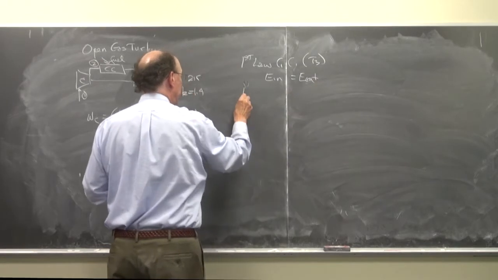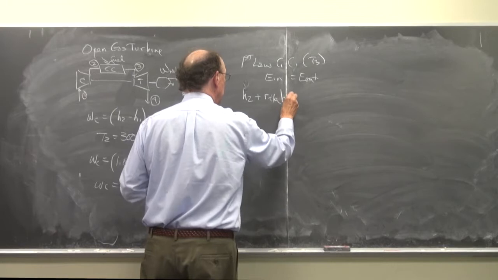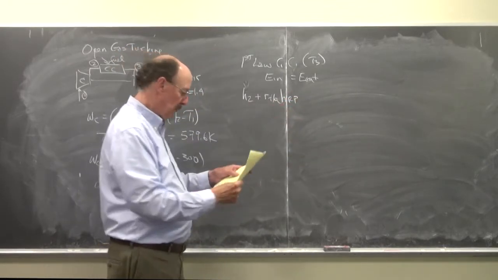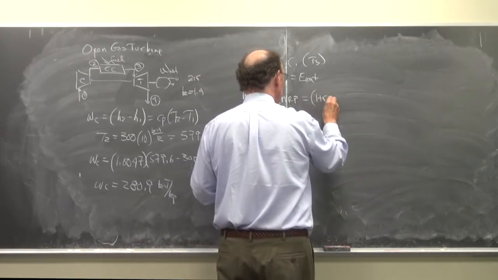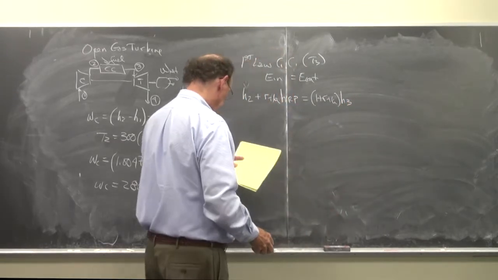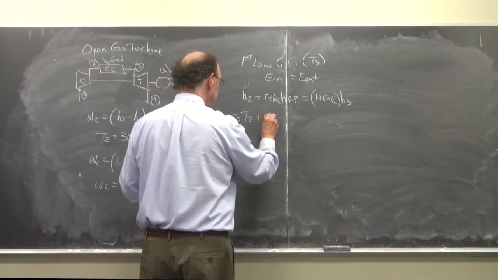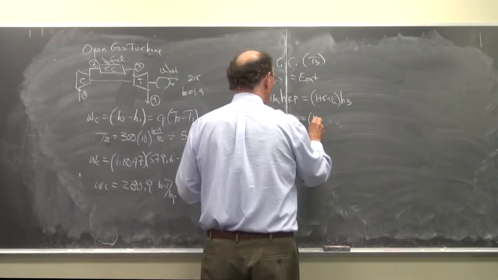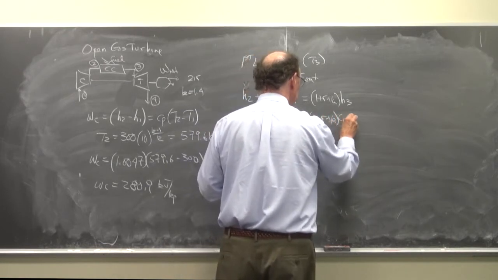So we have H2 plus RFA times H sub RP, the energy of the air, the energy of the fuel, and the energy of the products leaving, (1 plus RFA) times H3. So we have C sub P times T2 plus RFA times H sub RP is (1 plus RFA) times C sub P of the products times T3.